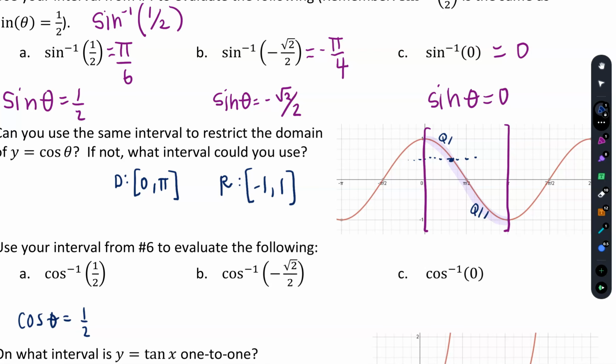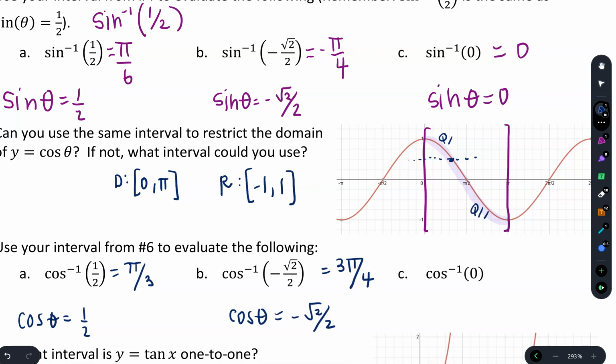So cosine of theta is equal to 1/2 where? Do we need to practice our unit circle a little better? Pi/3, perfect. Now where is inverse cosine of negative square root of 2 over 2? Where is cosine of theta equal to negative square root of 2 over 2? 3 pi over 4, yeah?